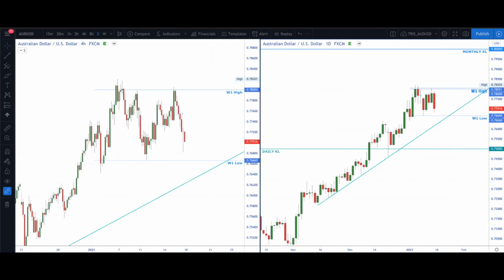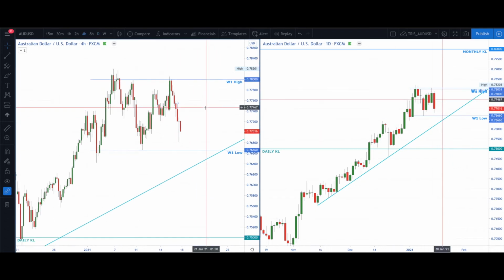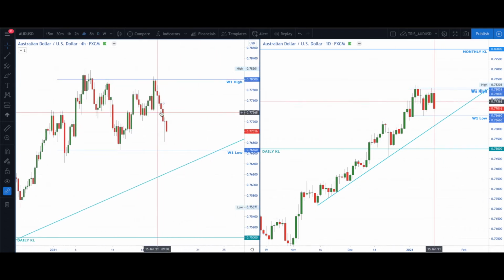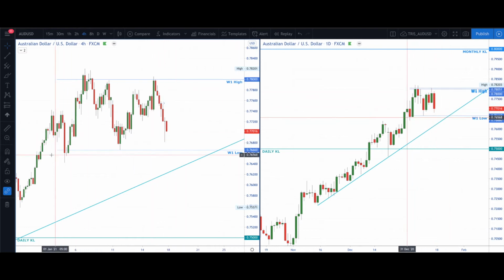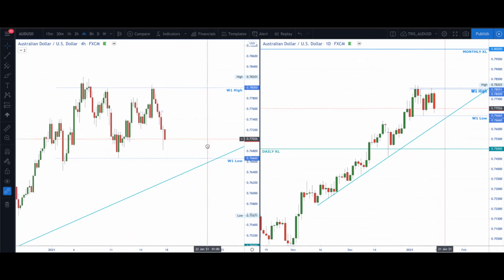Next, we're looking at Aussie dollar, US dollar. Now, given the information we know from the dollar index, we know that there is short-term bullishness, and as you can see here on the left-hand side, we have the Aussie dollar. We have had a sell-off on Friday, and it's coming down now to these lows here around 0.76600.